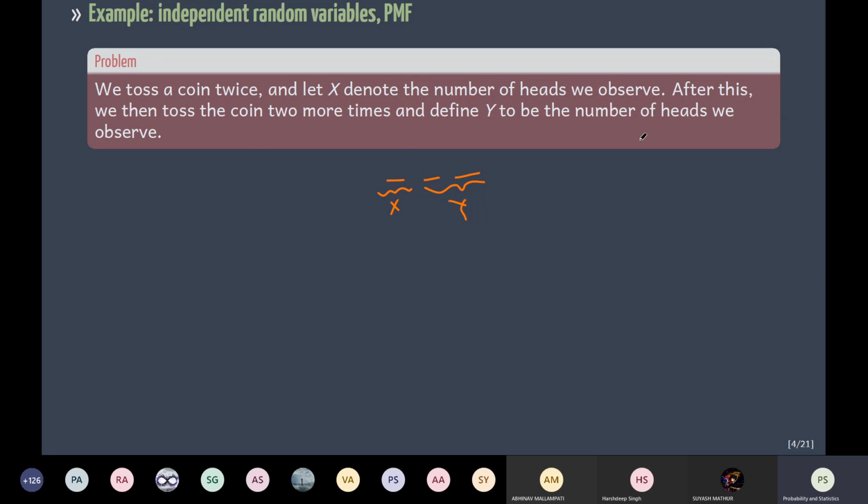Okay. So what is the probability of X less than 2 and Y greater than 1? Okay, so Y was the number of heads we observe, and X was also the number of heads we observe.